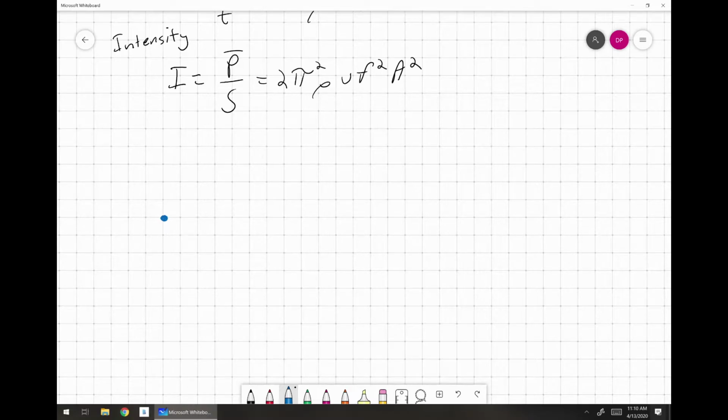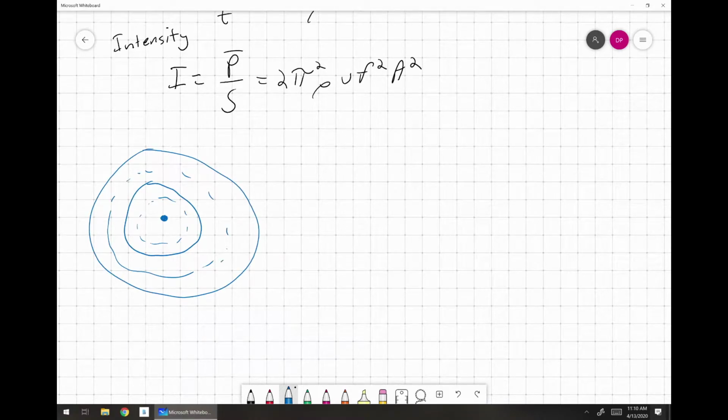And so around this, you're going to have these compression, rarefaction and compression rings, and they're going to go out in this spherical manner. And so the area that the energy is being transferred across is going to be given by the surface area of a sphere.